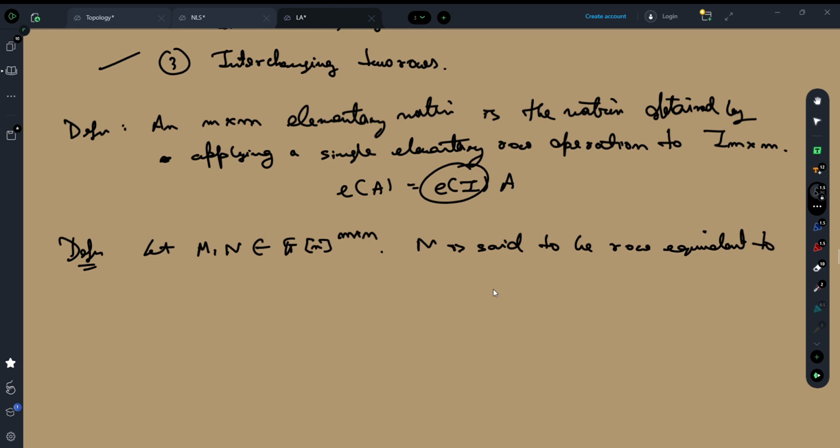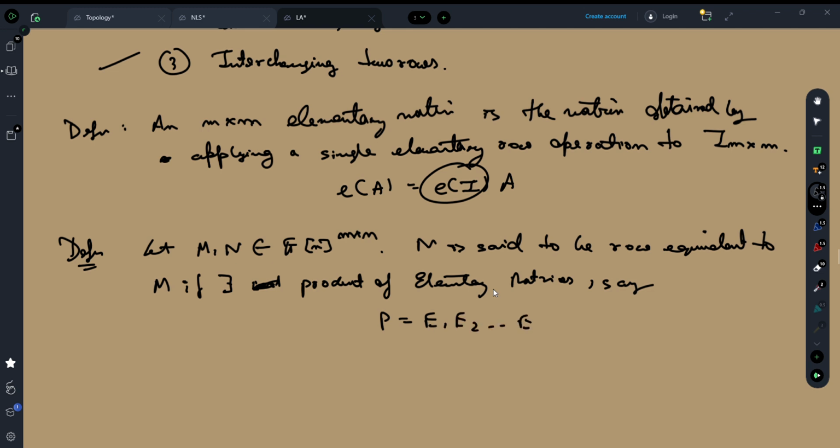N is said to be row equivalent to M if there exists an invertible matrix, a product of elementary matrices, say P, which can be written as E1, E2, ..., Ek, such that N is equal to PM, right?